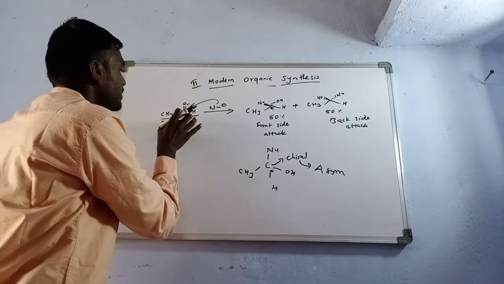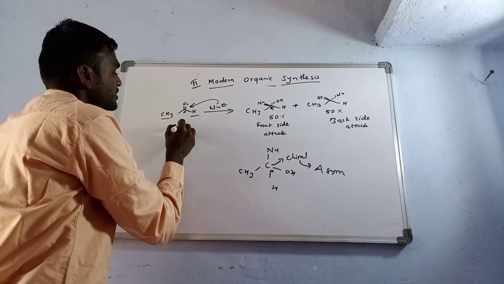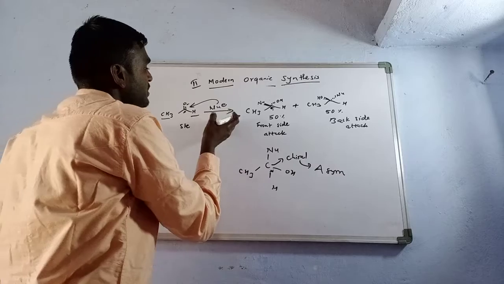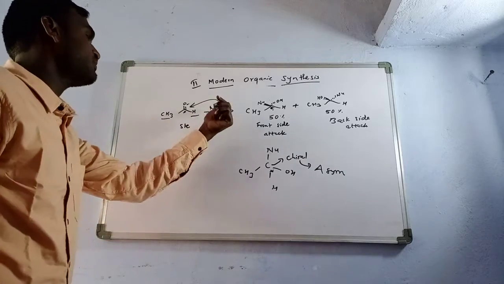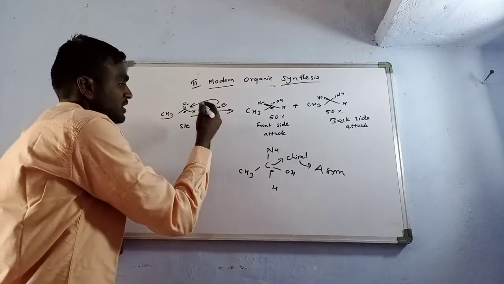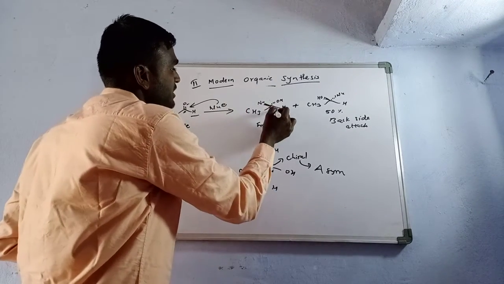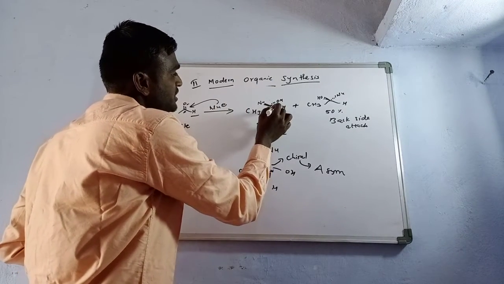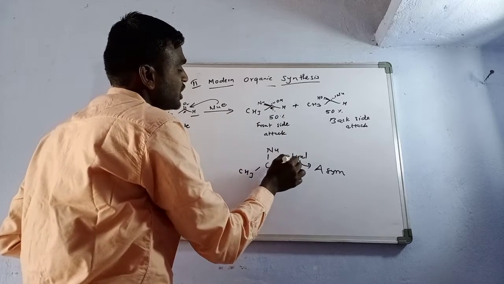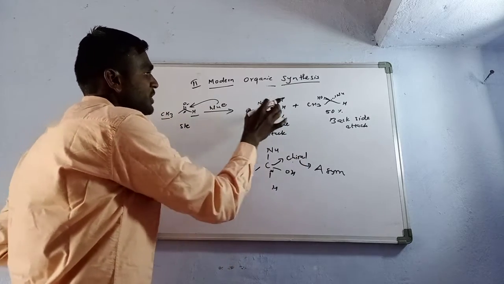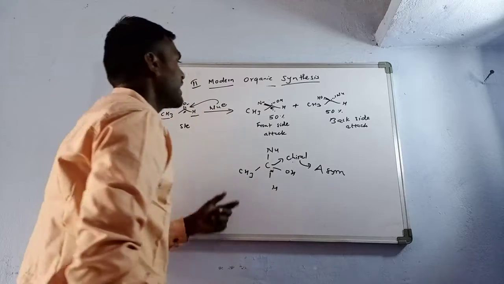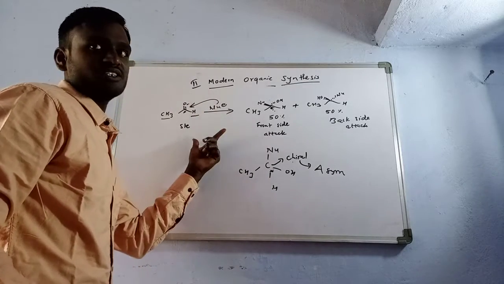This molecule does not have a stereogenic center, but by the action of a nucleophile or chiral solvents or chiral reagents, it generates a new stereogenic center. That means it is a chiral molecule. So this type of synthesis is known as asymmetric synthesis.